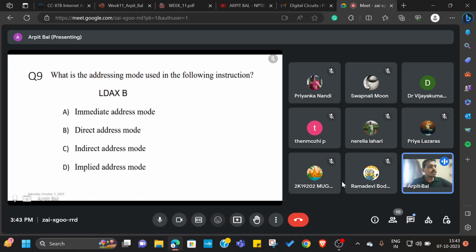The next question is related to the addressing mode that is used in this particular instruction, LDAX B. Can anyone tell?